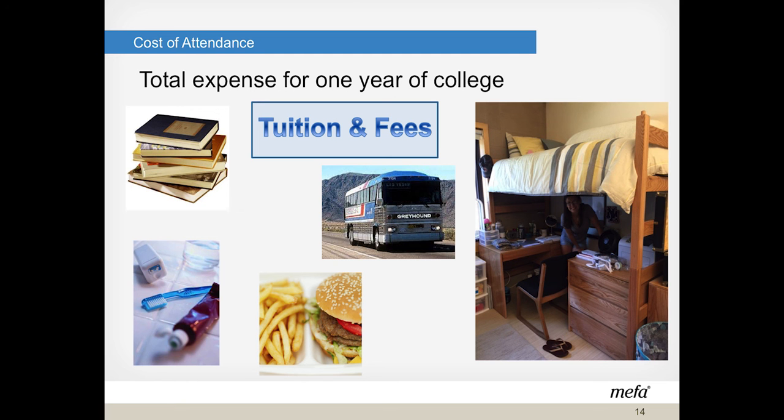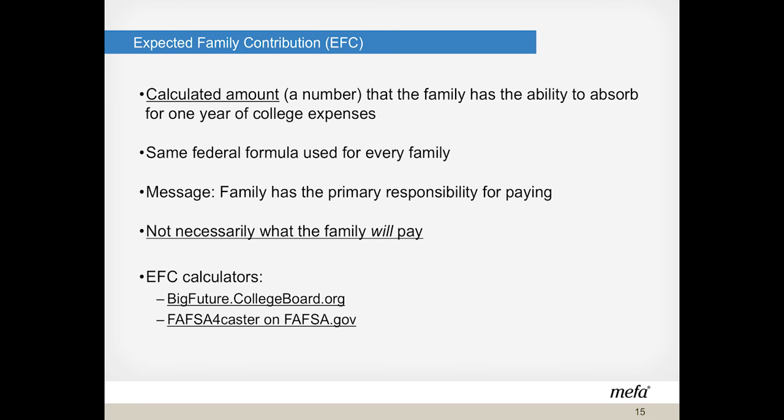So every college is going to sum together all of the main expenses for 1 year of college, including tuition and fees, the room, the meal plan, and estimates of what a standard student pays for books, for personal items like toothbrush and toothpaste, all of the food, and necessary items for the dorm room. Every college and university comes up with this one number of what they believe an average student at their school spends in 1 year, and that's called the cost of attendance.